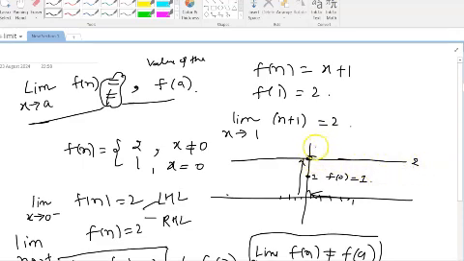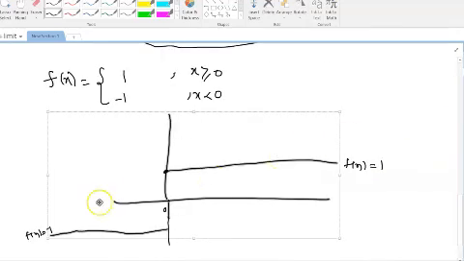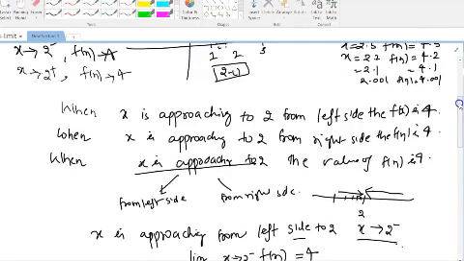So at x is equal to 0, your function was not continuous. Similarly, here also, when we were making this graph, we were moving it like this, and at x is equal to 0, you need to lift your pen and then move it like this. So these are the examples of non-continuous function. That's it for the introduction.